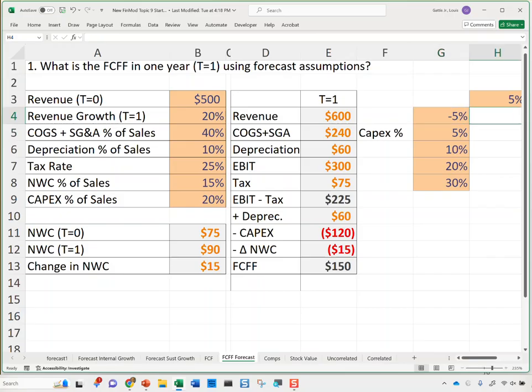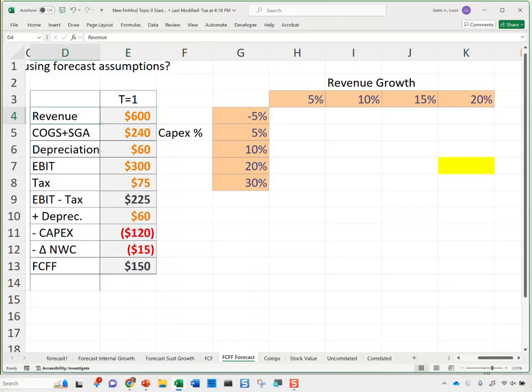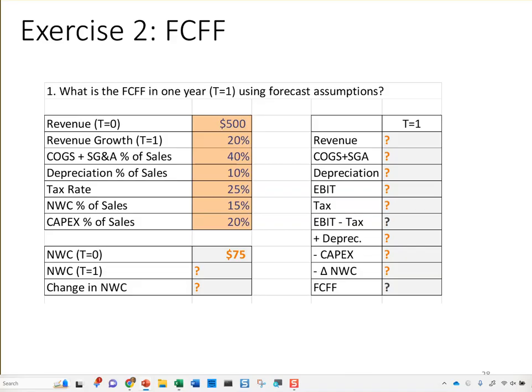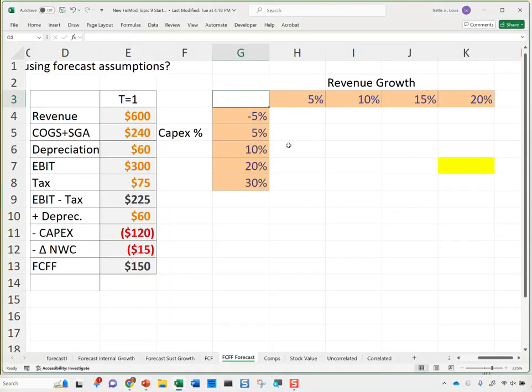All right, the last thing I want to show you is how to do a data table. We'll look at FCFFs and see what different levels of revenue growth and CapEx percent would do to my free cash flows. So again, let's go back here.